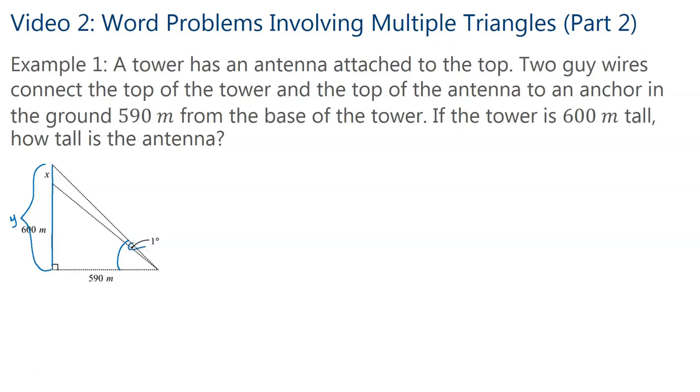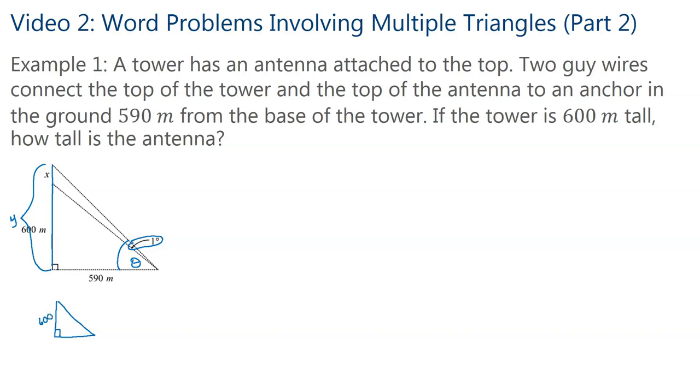I know that this little bit here is 1 degree, but I don't know the value of this angle. So what I can do is use the small triangle to help determine theta. Now, what some people like to do when they're dealing with multiple right triangles is to separate the triangles. So you can draw the small triangle.